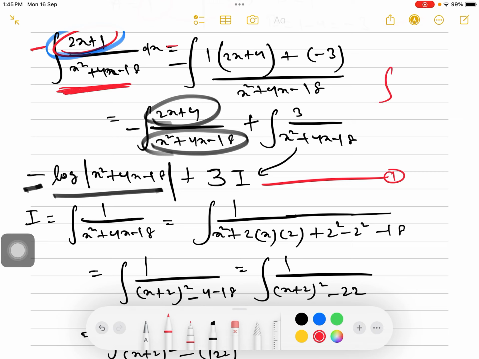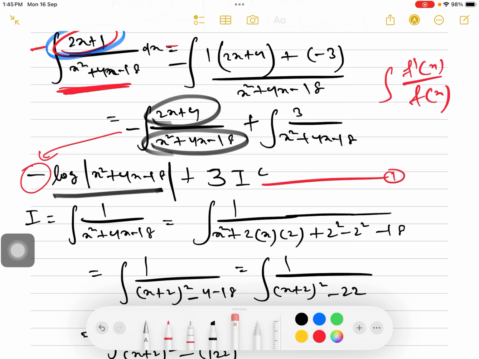What I mean to say, if in the integration we have f dash x by f of x, where f of x is the function and f dash x the derivative, so derivative in the numerator and function in the denominator, we can write this as log of f of x. That only I wrote. Log of the denominator, so log of x square plus 4x minus 18, and this minus sign like that only, plus.